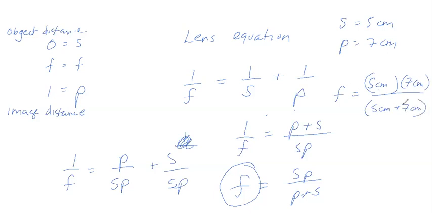In this case, I've got 5 times 7 divided by 9, right? That's going to give me f equals 3.88 centimeters. That's called the lens equation, and that's how you solve for your focal length with case 2.